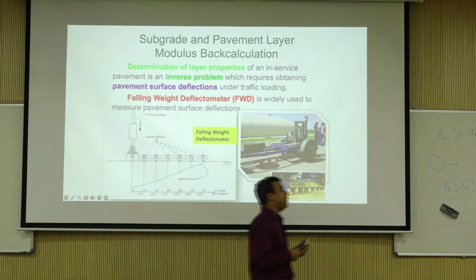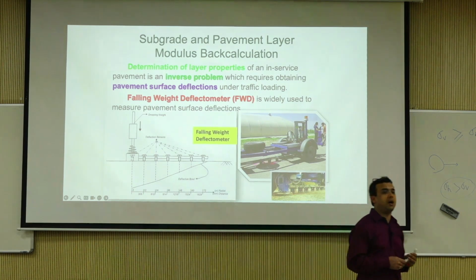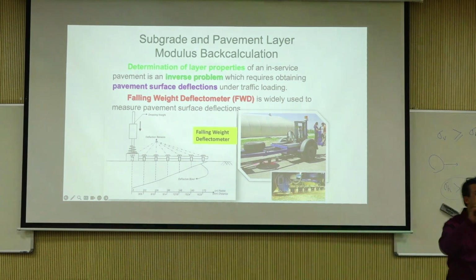One of the most important or most common ones that we talk about in evaluation, pavement evaluation in general, is called falling weight deflectometer. Okay? How many of you have done some kind of stuff on falling weight, like coursework or research or something? Okay. All right.